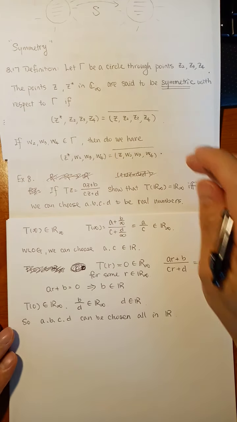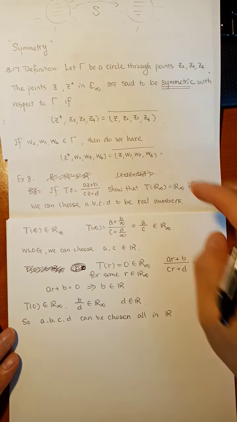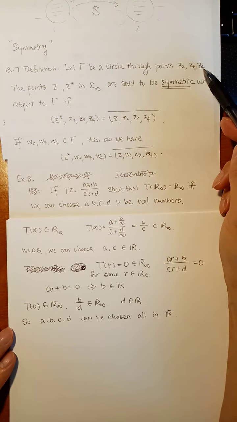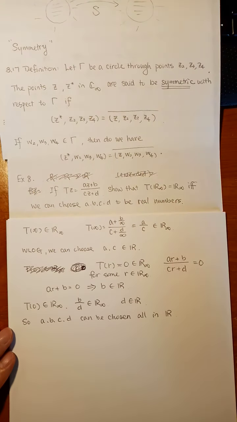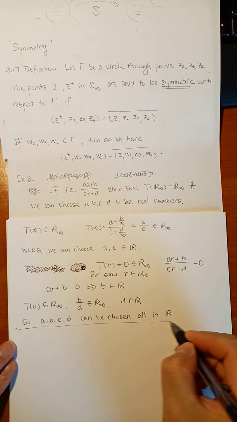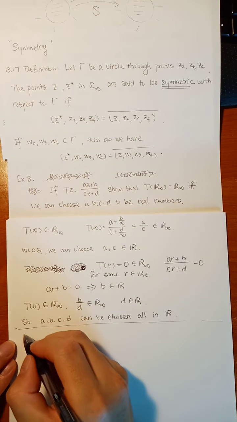Let's talk about the well-definedness of the symmetry. Assume we have Z2, Z3, Z4, W2, W3, and W4. We show the well-definedness.